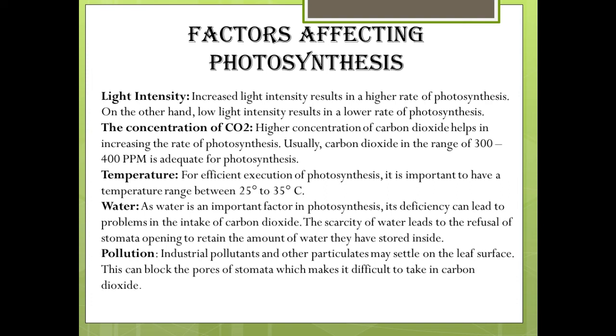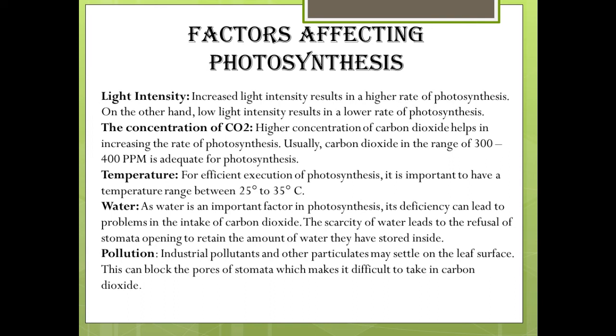The suitable amount in which generally all plants do photosynthesis is 300 to 400 ppm. Next comes the temperature. If the temperature is too high, the water vapor will get out of the plant leaf and evaporate into the air. So we need a temperature ranging from 25 to 35 degrees Celsius.